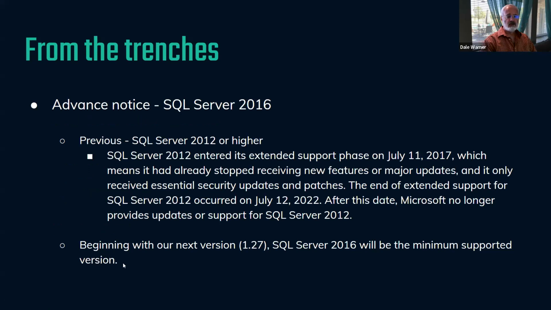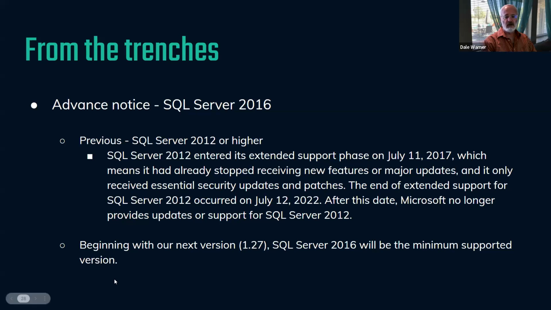Since I don't have software to talk about, I'll give you a peek ahead at what's going on in 1.27, our next version. SQL Server 2012, I believe we've mentioned this before, but I want to make it very clear. Since July 12, 2022, it reached its end of life.